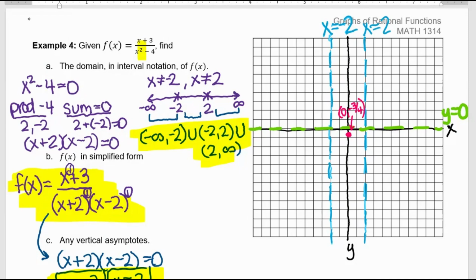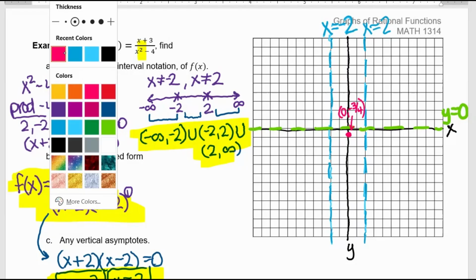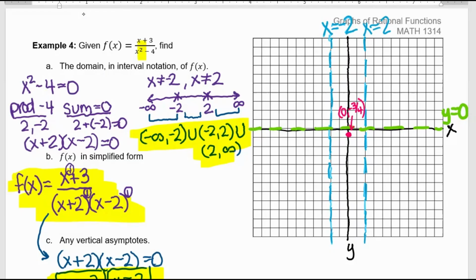We also had the x-intercept of -3, 0. Starting from the origin, count 3 to the left from the vertical asymptote. We're now 1, 2, 3. So it's just to the left of the vertical asymptote.